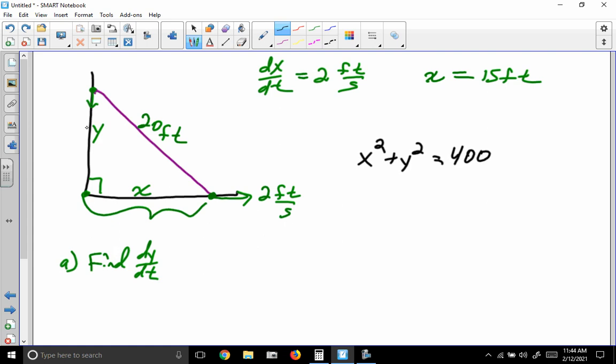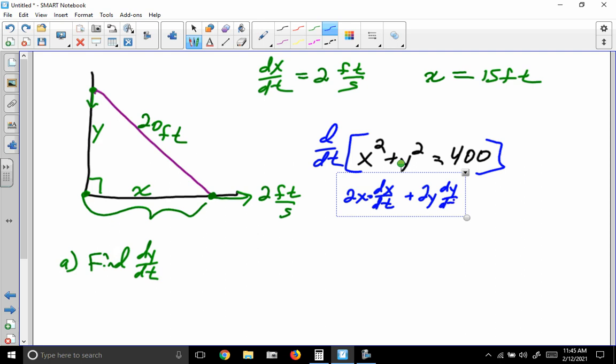That's an equation that relates our two variables. Now that we have an equation that relates our variables, we can find out how their rates are related. Differentiate with respect to t, so we would get 2x times the derivative of x with respect to t, plus 2y times the derivative of y with respect to t, and the derivative of a constant is 0.